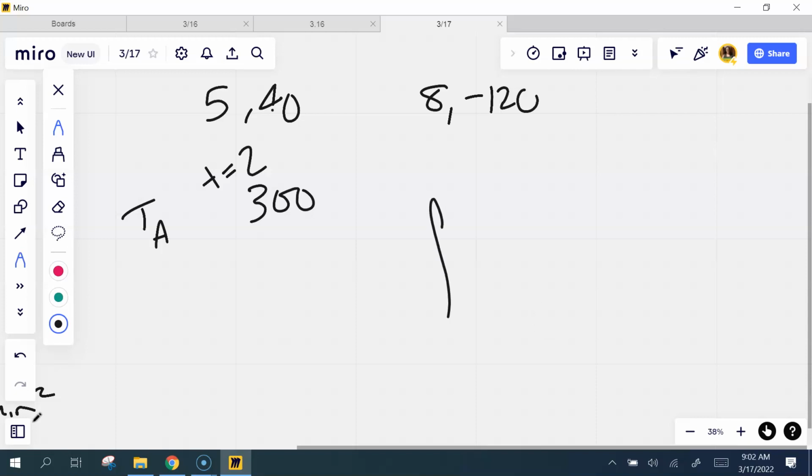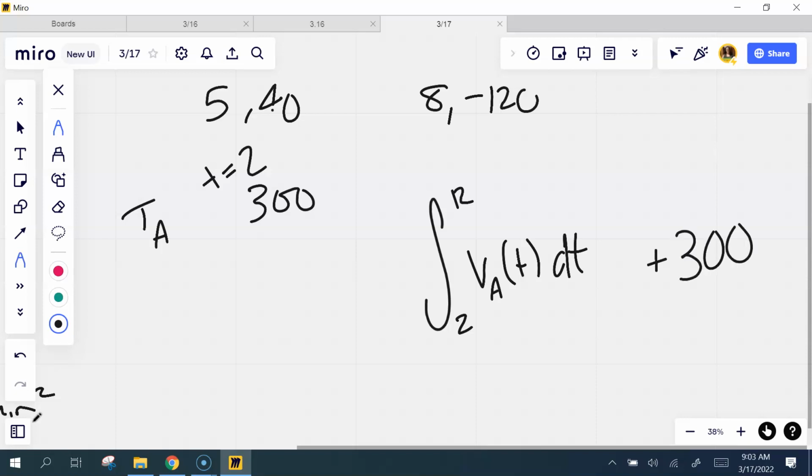Remember they gave you the position at 2, so I'm going from 2 to 12. Make sure you set up the integral of vA(t) dt plus the 300. There is your position expression, and that is 1 point.